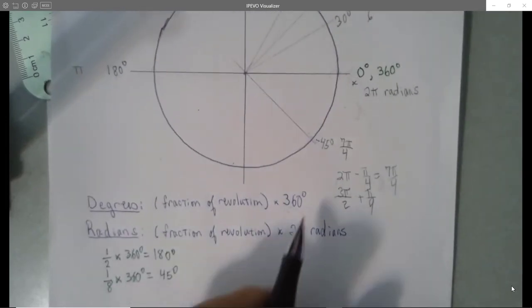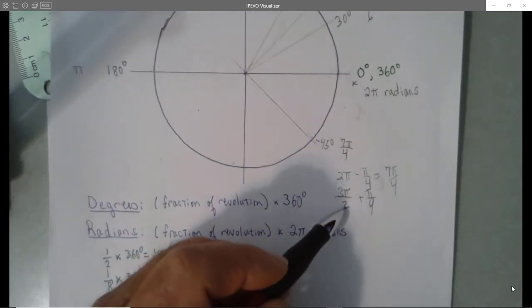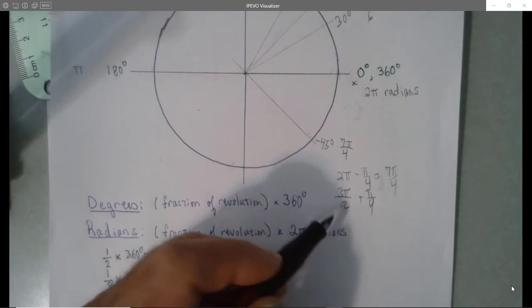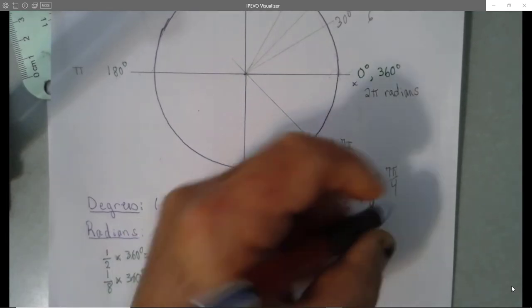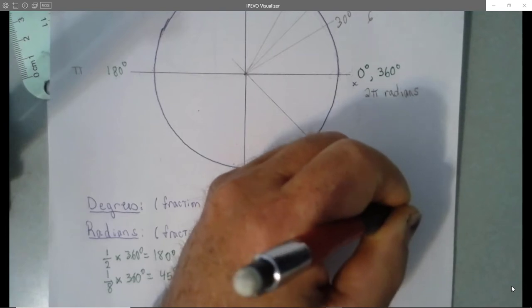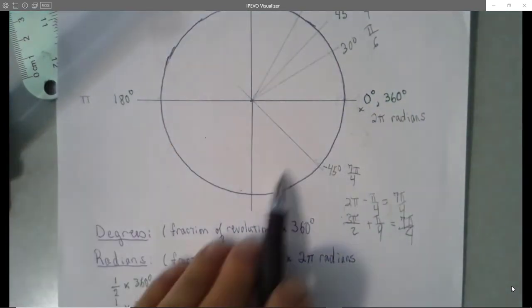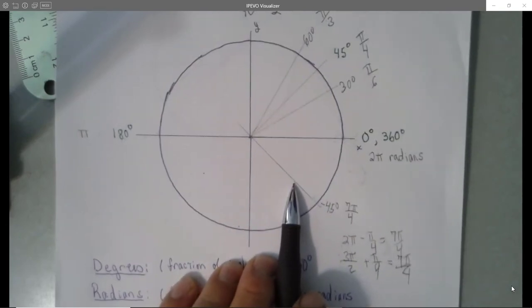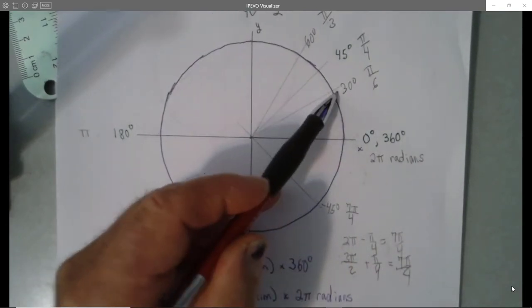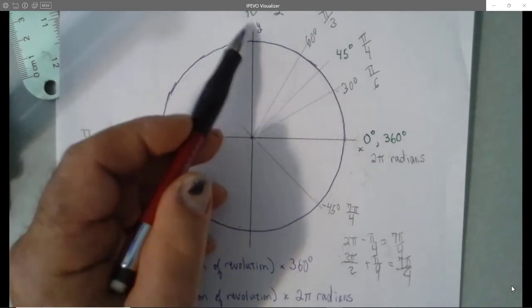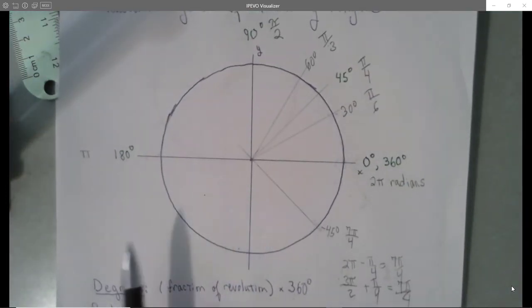So, getting a common denominator of 4, we have 6 pi over 4 plus pi over 4, which is 7 pi over 4. So we can compute the measure of all of these important angles just by working with the few that we know up here in the first quadrant.